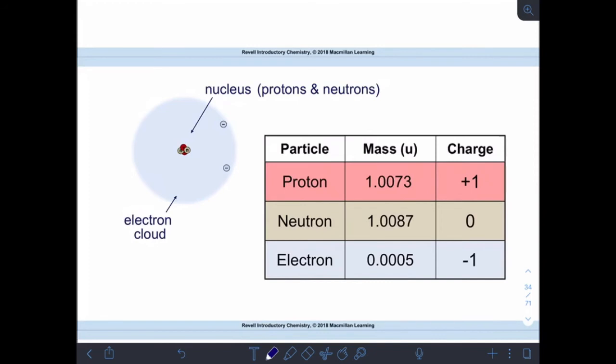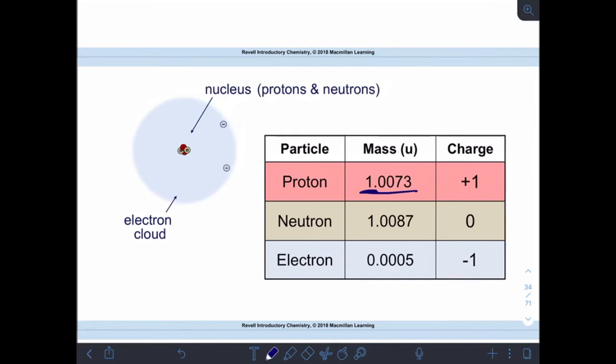All right, now the other thing that I'd like to point out at this point in time is that the mass of a proton is about 1 mass unit. Okay, and we're going to talk about different types of mass units, different measurements of mass as it pertains to the teeny, teeny, infinitesimally small particles inside atoms.